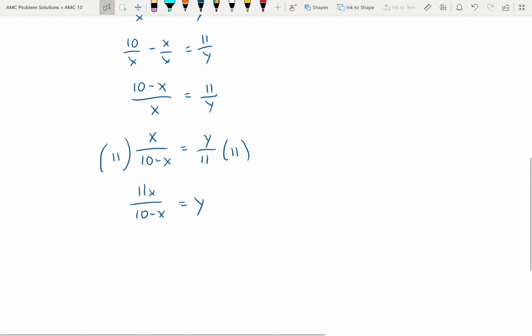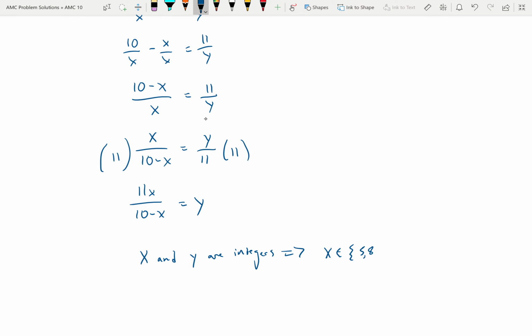So we got y by itself. So since x and y are integers, this means that the only possibilities for x are going to be 5, 8, and 9.